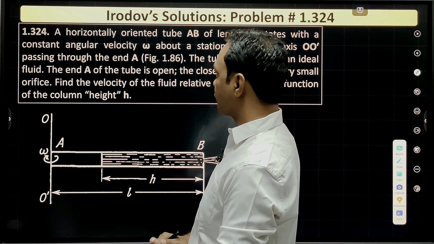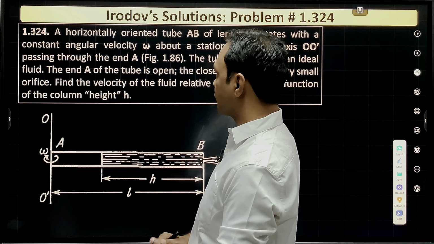Here you see that this is L, this is H, and that would be L minus H. Here there is a point 2, where pressure is P2, and x is just L. So the pressure difference comes out as P2 minus P1 is equal to rho omega square x square by 2, where the upper limit of x square is L square and the lower limit is L minus H whole square.